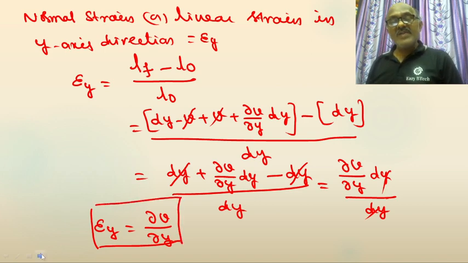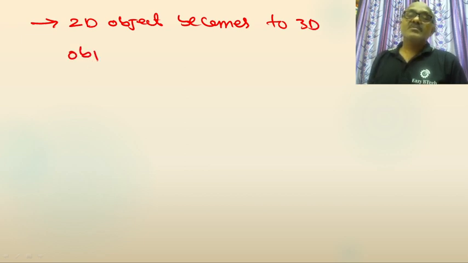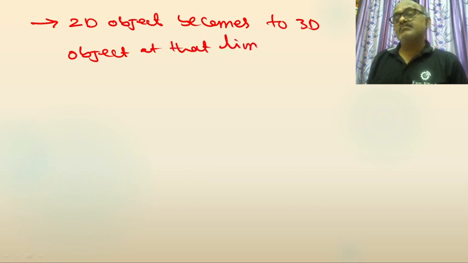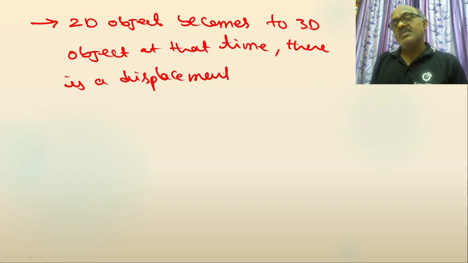Suppose when a 2D object becomes a 3D object, at that time there is a displacement in the z-axis direction.